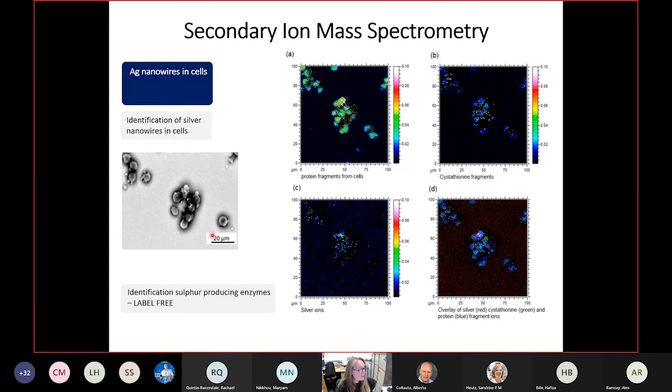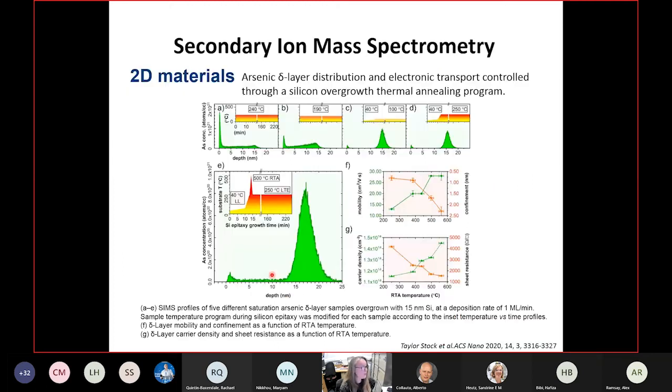So these are very small areas now, going from a couple of millimeters on the earthworm to these very small cell structures. Then again, we're overlaying the maps to see the distribution of the silver, the cystathionine, and the proteins. So again, working very nicely in correlation with SEM to try and identify processes happening on a biological level.